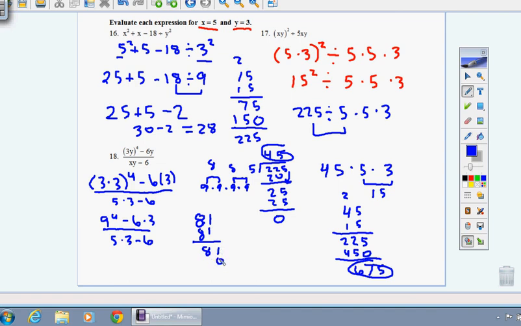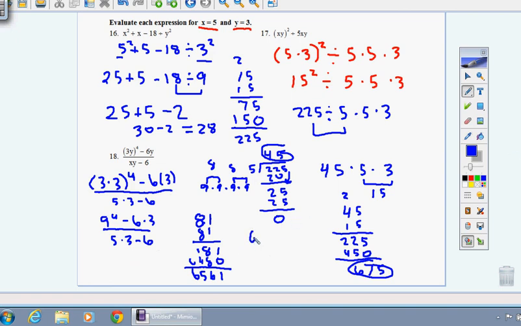Add my 0. 8 times 1 is 8. And 8 times 8 is 64. So 9 to the 4th is going to give me 1, 8 plus 8 is 16, 6, here's a 1. So I have 6,561, or 9 to the 4th.